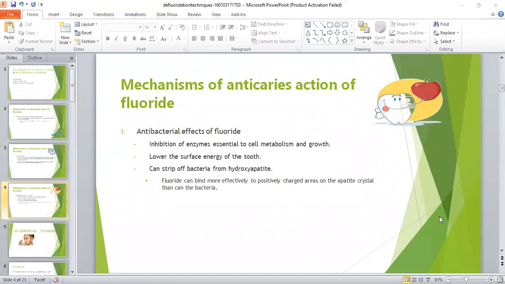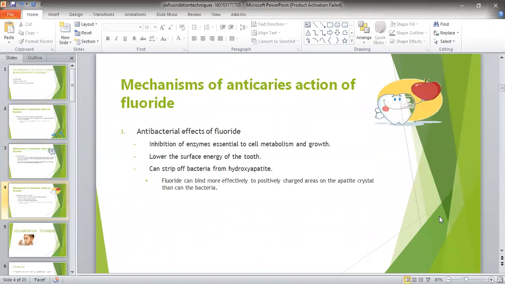Next is basically the antibacterial effect of fluoride. When fluoride is introduced into the oral cavity, onto the tooth surface, it will basically inhibit the enzymatic activity that is essential to the cell membrane and growth of bacteria, the bacteria that are present in the plaque.